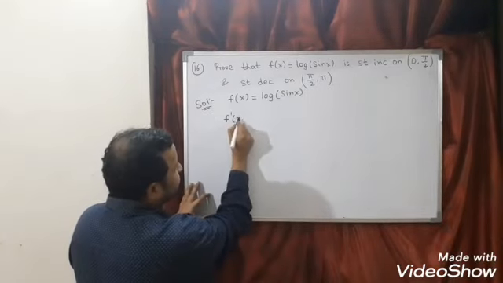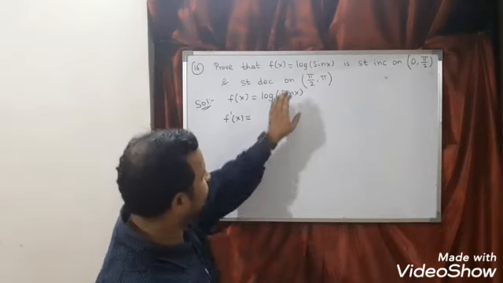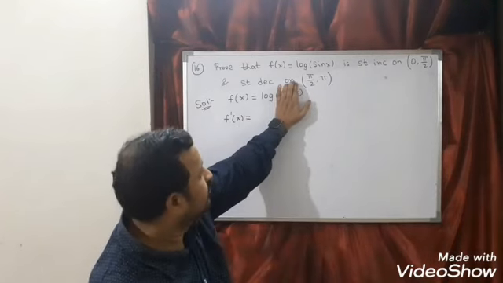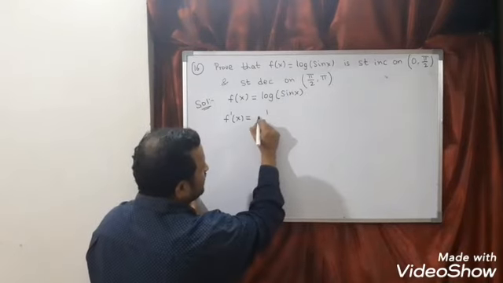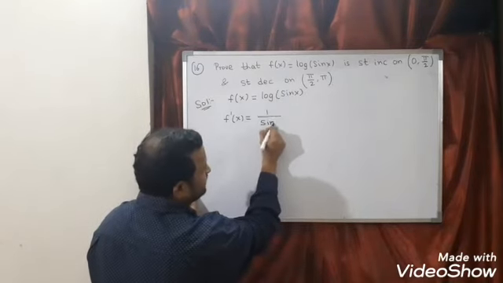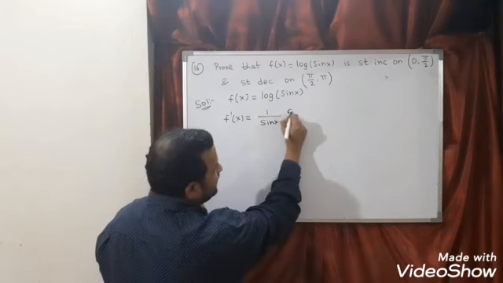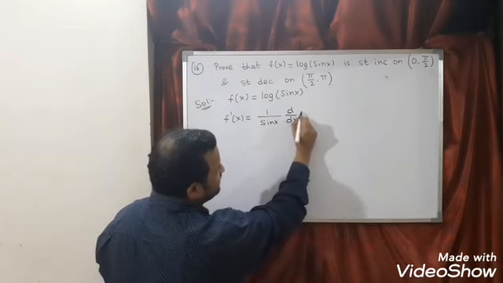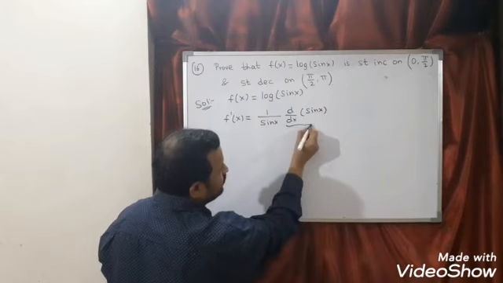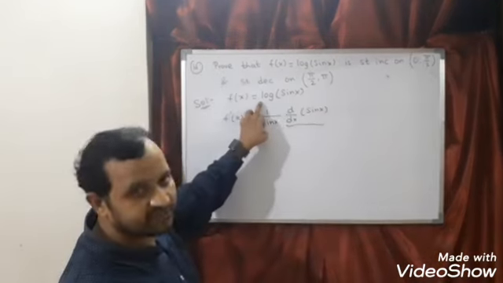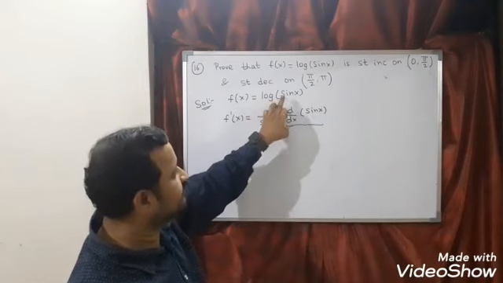So f dash x is equal to, assume this to be x. What is the differentiation of log x? 1 by x. So 1 by sin x into d by dx of sin x. Principle of chain rule: differentiation of log followed by differentiation of sin.